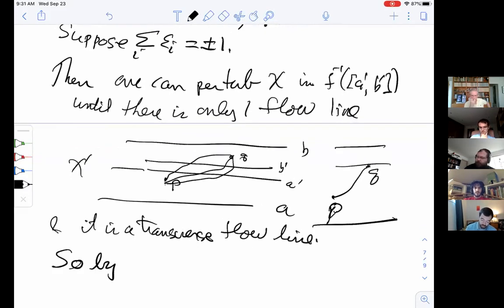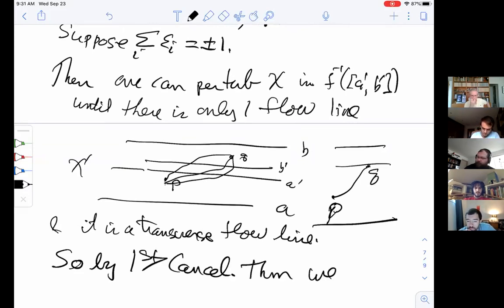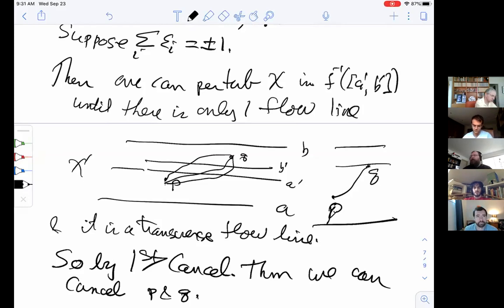So by the first cancellation theorem, we can cancel P and Q. That's the second cancellation theorem. It's stronger. It only assumes an algebraic intersection number rather than a geometric statement about only one point of intersection.